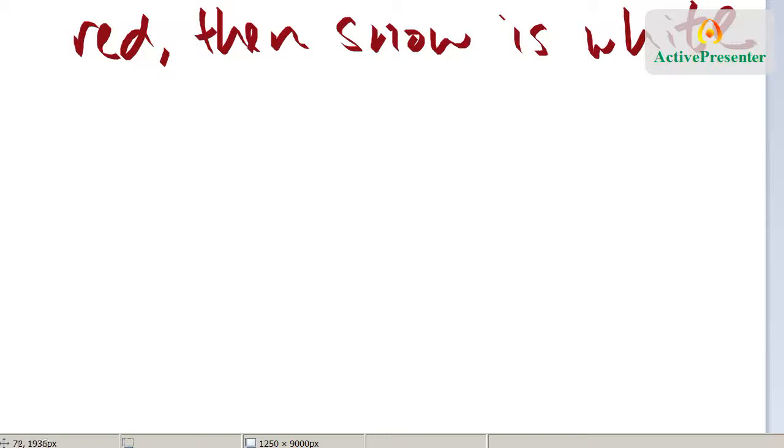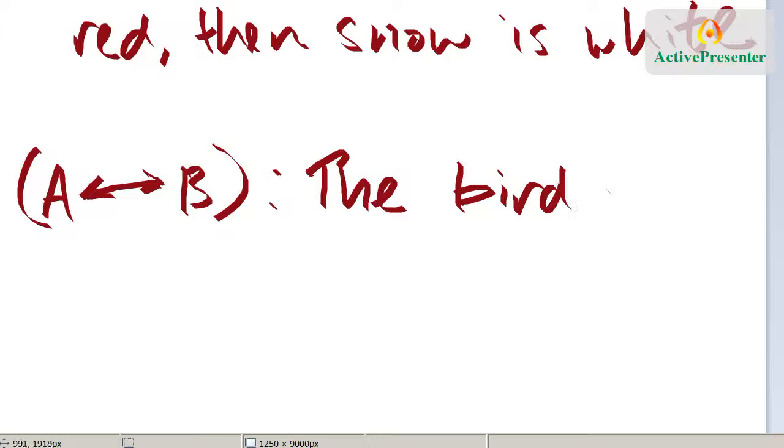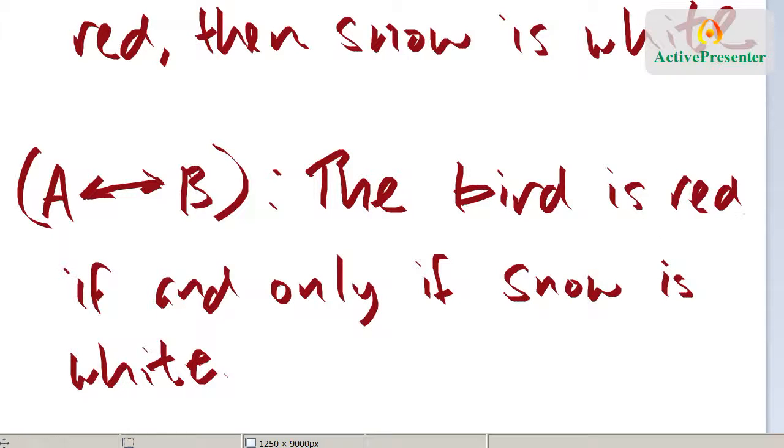And then third, we have A double arrow B, or what we sometimes call the biconditional. And if we were to do a partial translation again, this would be A if and only if B. So in English, the bird is red if and only if snow is white.